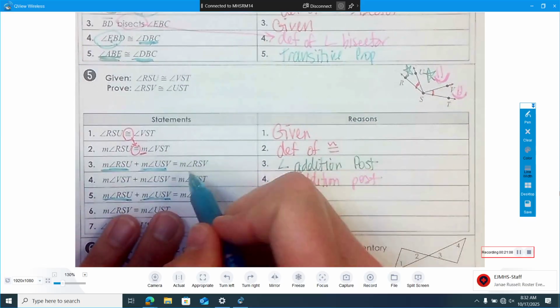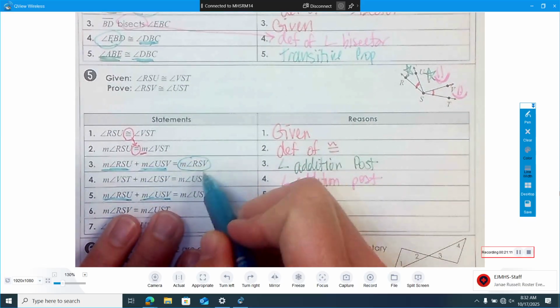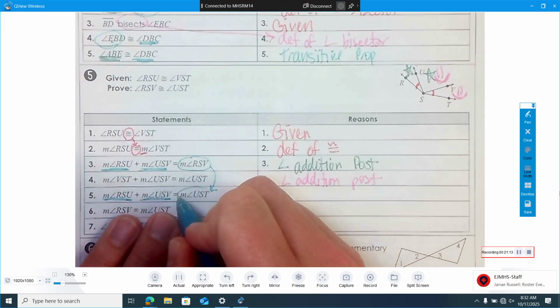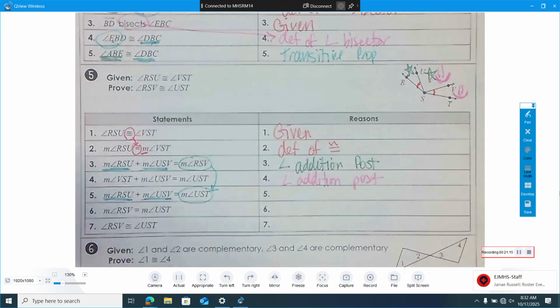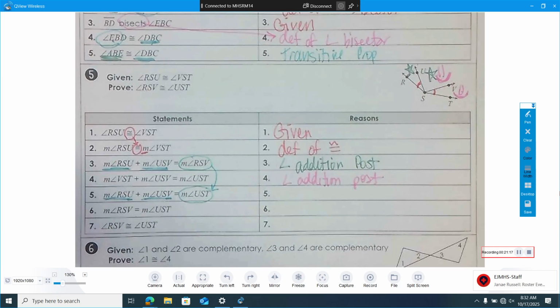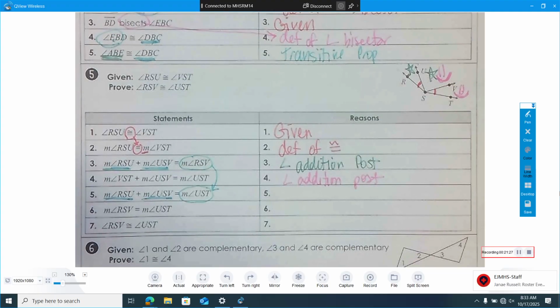And then it looks like the measure of angle RSV became the measure of UST. It is substitution. I'm just trying to see why.